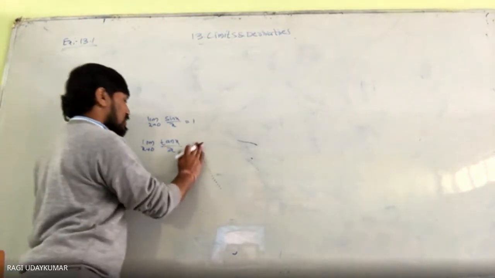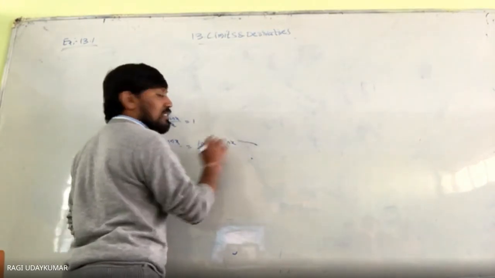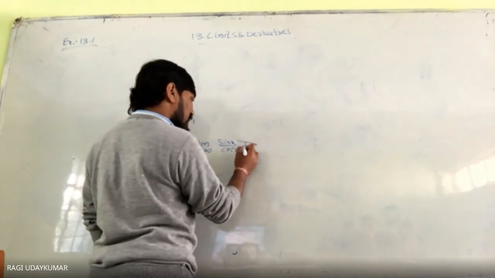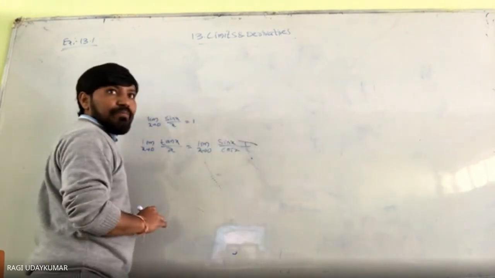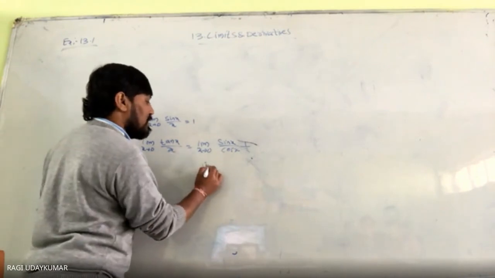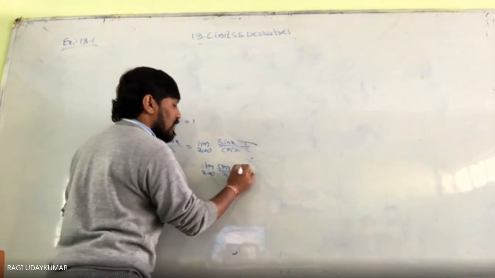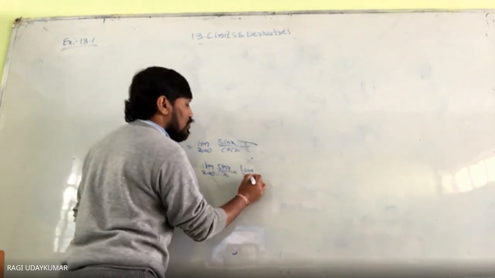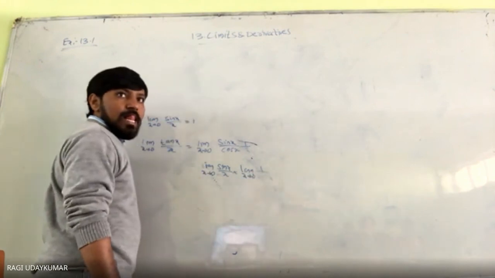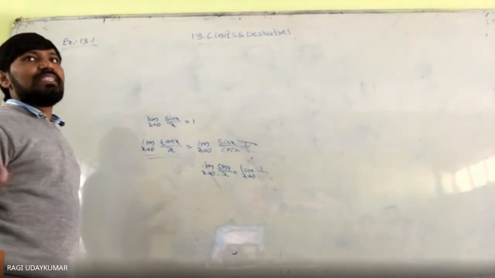If you consider this one, this can be written as limit x tends to 0 of sin x by cos x by 1 by x. Can I write like this? Then this can be written as limit x tends to 0 of sin x by x into limit x tends to 0 of 1 by cos x. This is just one way I am showing you. With the help of that, you can easily do this problem.